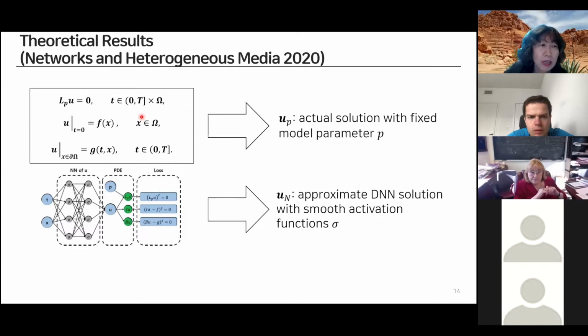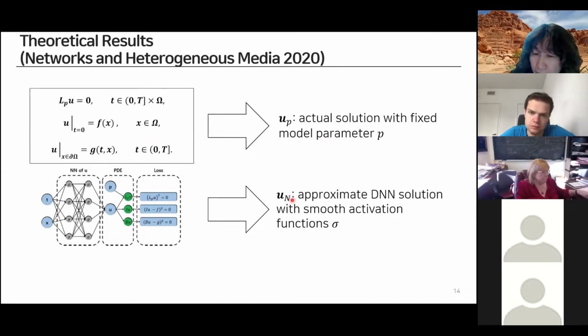And now I will introduce a theoretical result about this formulation. Here we have two functions, UP and UN. Let me tell you what they are. UP denotes the actual solution, the real solution with the fixed model parameter P coming from the initial boundary value problem I stated before.